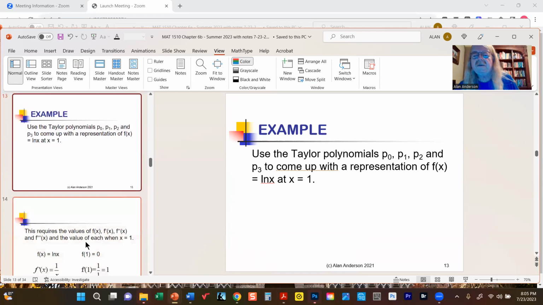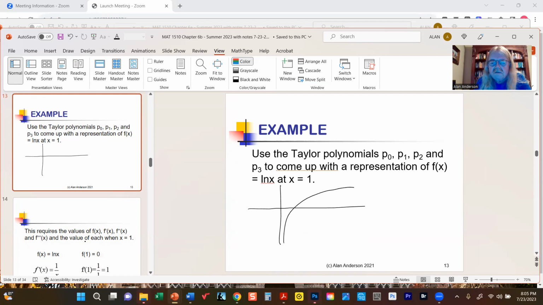So we'll start with a simple case, log of x. So you know that log of x looks something like this. We're going to evaluate it at x equals 1. So here's 1. And when x equals 1, y equals 0. So what are we trying to do here?